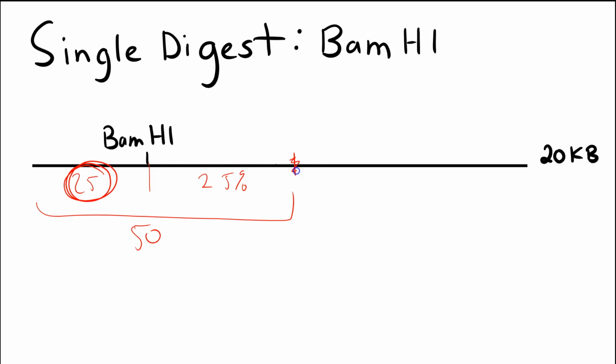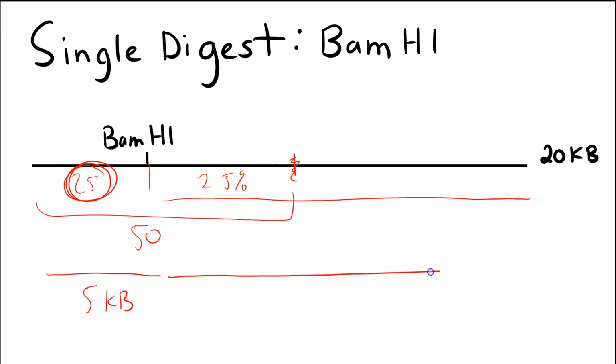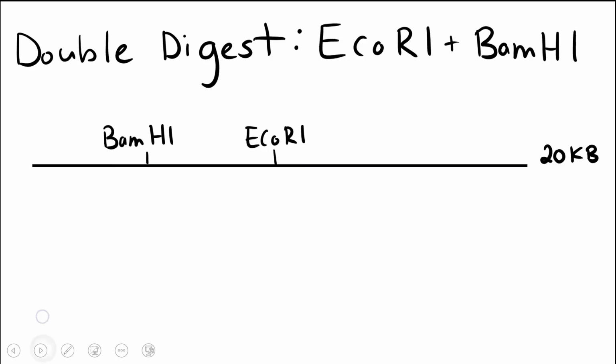We don't have a restriction site there, we're just approximating, and then you'd have a fragment about this length. So our new fragments would be 25% of 20 kb, so there'd be a 5 kb fragment, and then the rest would be the other 75%, which represents 15 kilobases. So you'd have these 2 very different size fragments in this second example.